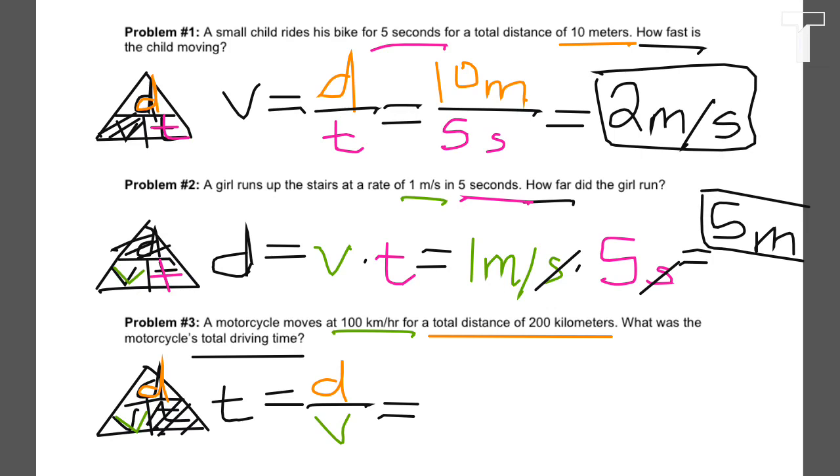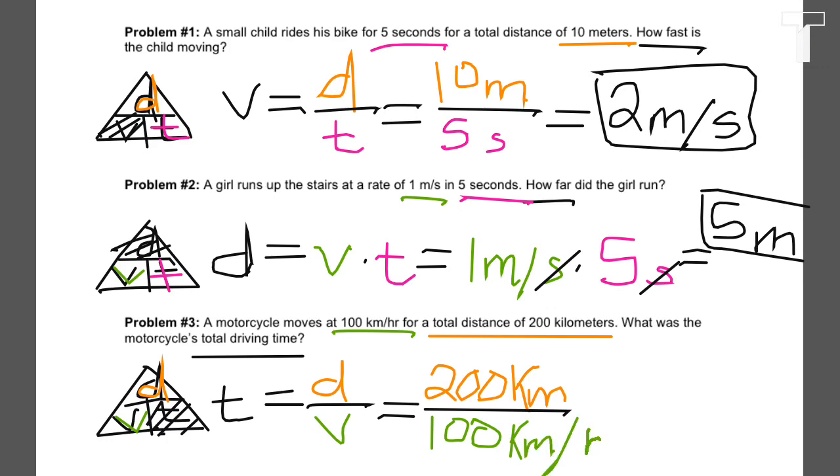So D, distance, was 200 kilometers and the speed was 100 kilometers an hour. And we get final answer. 200 divided by 100 is 2. We cancel out the kilometers and we're left with 2 hours as our final answer.